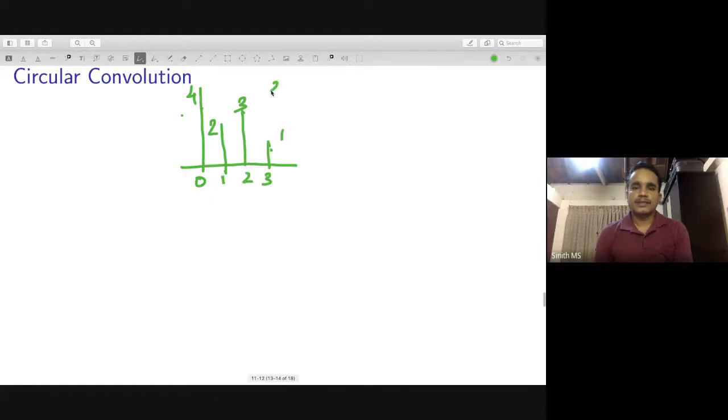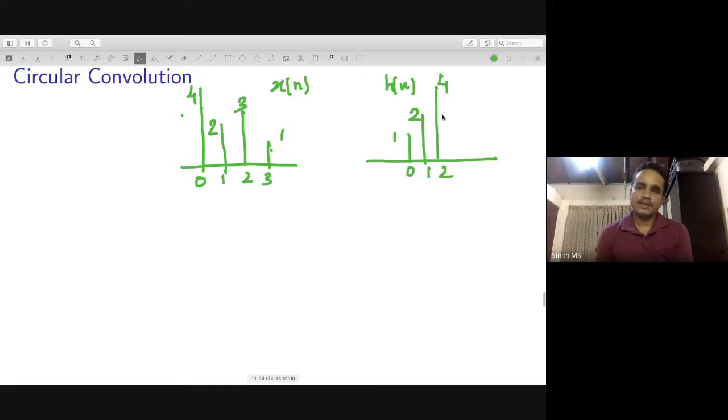Suppose this is x[n], and suppose you have h[n], with values one, two, and three. You have x[n] and h[n].